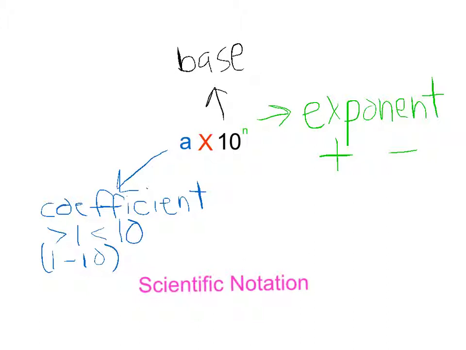So these are some really important things you need to know. The a is the coefficient, the base is 10, and it's always base 10 for scientific notation, and finally the n is the exponent.